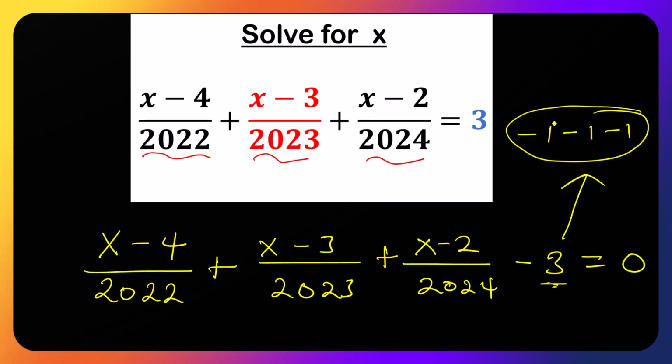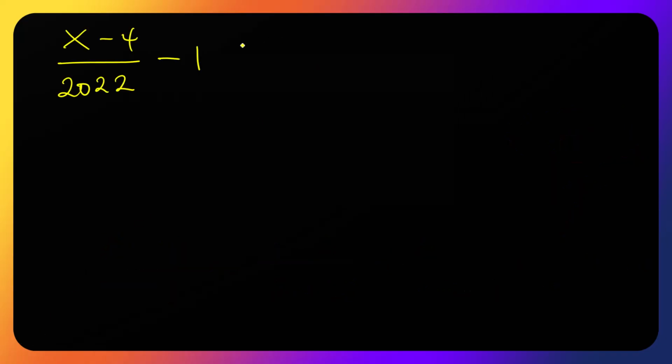So I have distributed the first one to the first term, and I'll do the same to the second one, then the last one. So (x minus 3) on 2023. So I'll just add the next number. Okay, so I'm done with this, now with that.